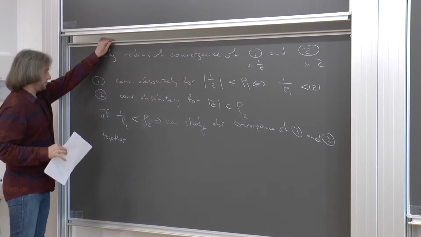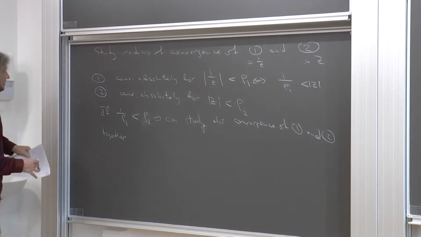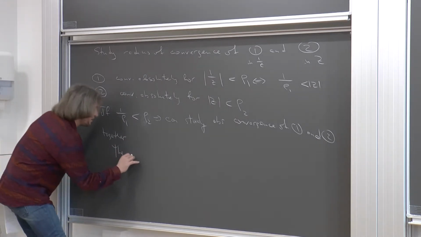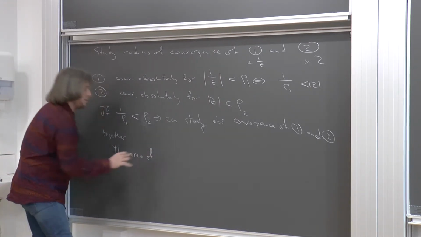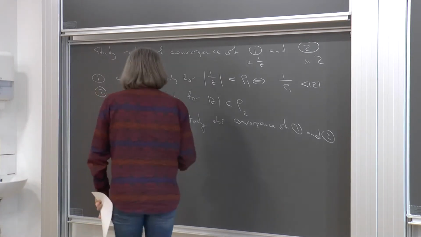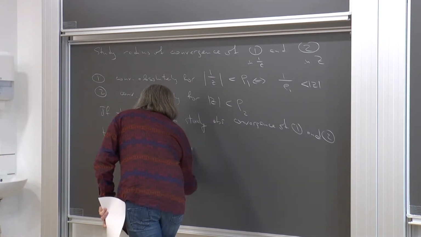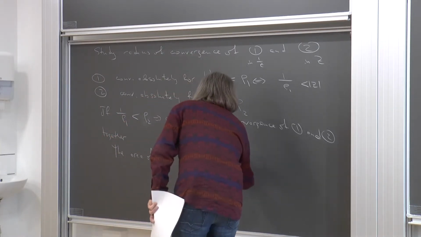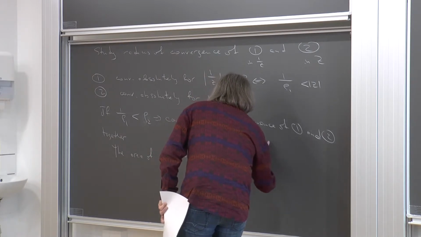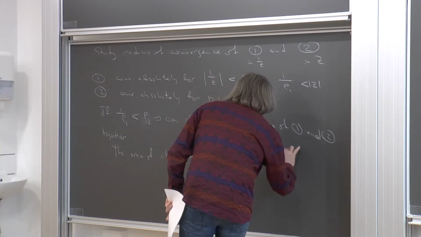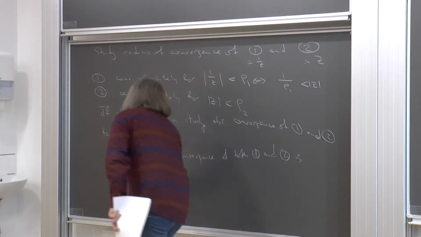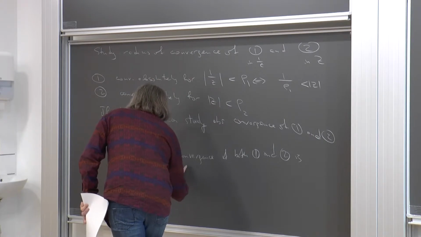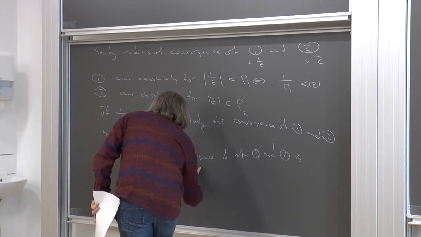Then the area of convergence becomes the area of mutual convergence of both 1 and 2, of absolute convergence of both 1 and 2, which is 1 over rho 1 less than absolute value of z less than rho 2.